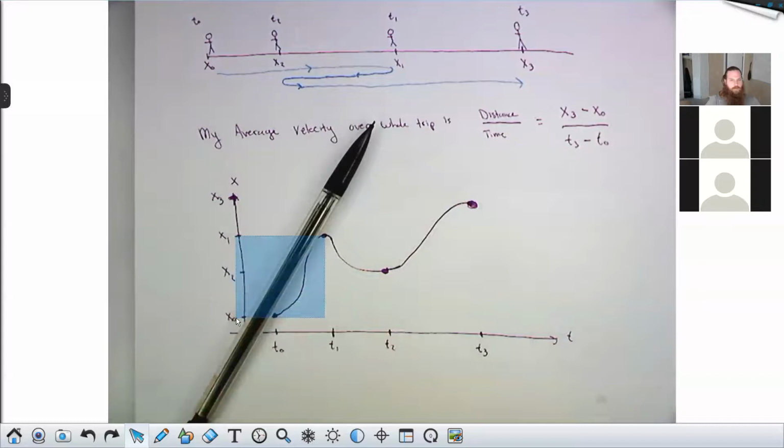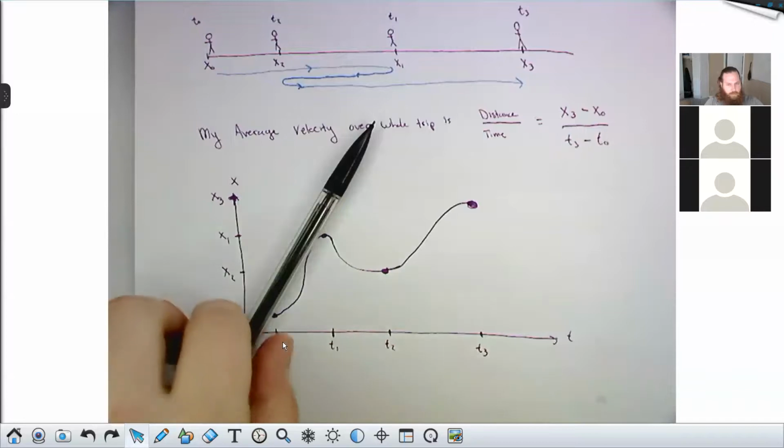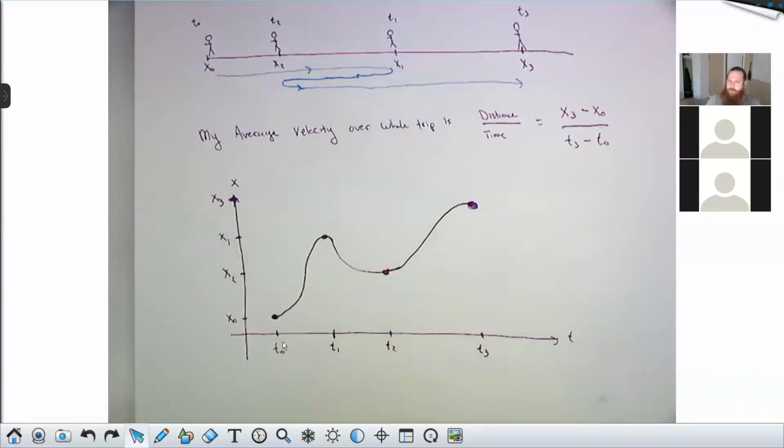So this vertical distance divided by this horizontal distance would be my average speed from T0 to T1. But I'm not always going a constant speed between T0 and T1. That slope in between here changes quite a bit.